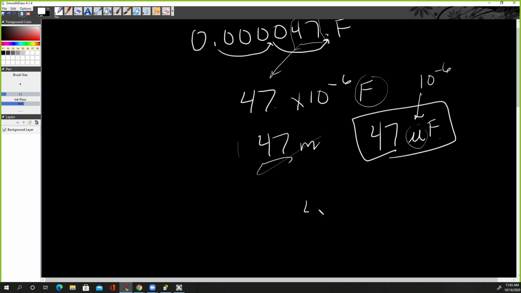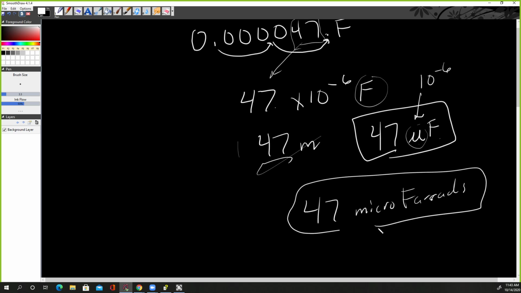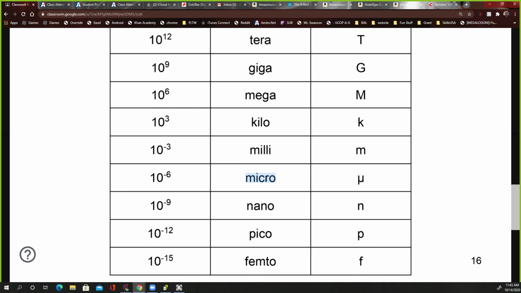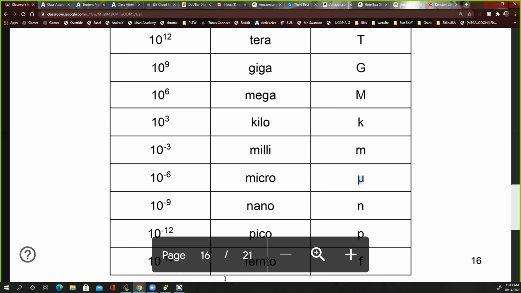You could also write it out in full if you know what F stood for, but this is easier. Just put the symbol and then this symbol. Since they're just putting the symbol for the unit, just put the prefix right here in front of it.